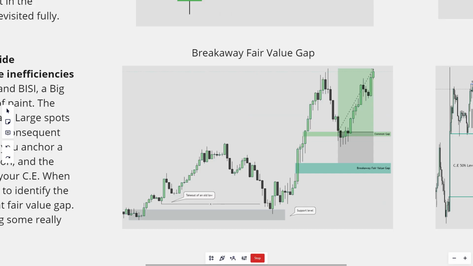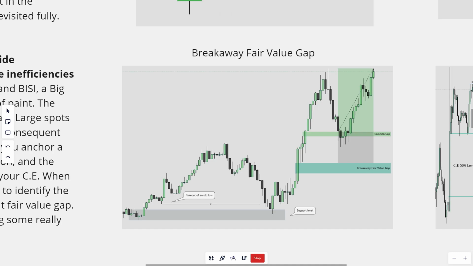We have a depiction of a breakaway gap here. It's the first fair value gap after taking out a low or high and then breaking structure. As price breaks higher, that fair value gap in the break is the breakaway gap. So as you can see, price comes down, takes out this low, taps into a support level down here, which would be like your demand zone, or your support and resistance, or whatever you want to use.